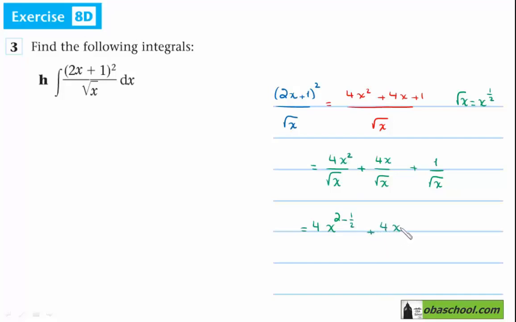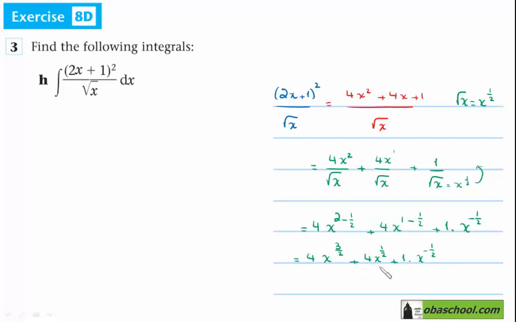Then for the second term, it's plus 4x to the power 1 minus the power of the denominator, that is half, and finally 1 multiplied by x to the power minus half, since we directly took the x to the power half to the numerator. Therefore, we get 4x to the power 3 over 2 plus 4 multiplied by x to the power half plus 1 multiplied by x to the power minus half.